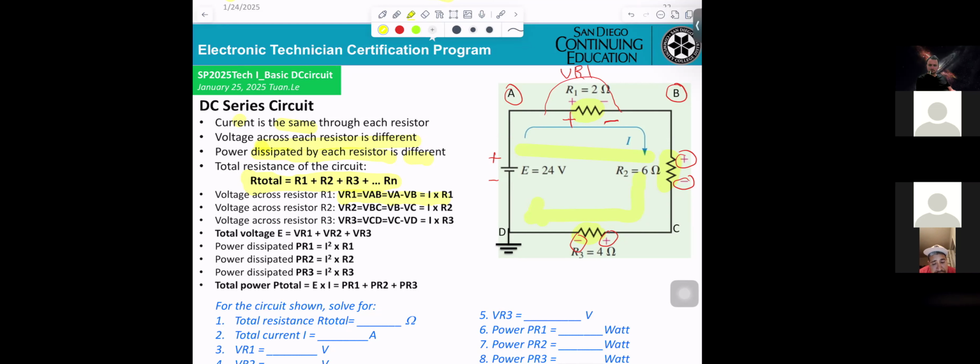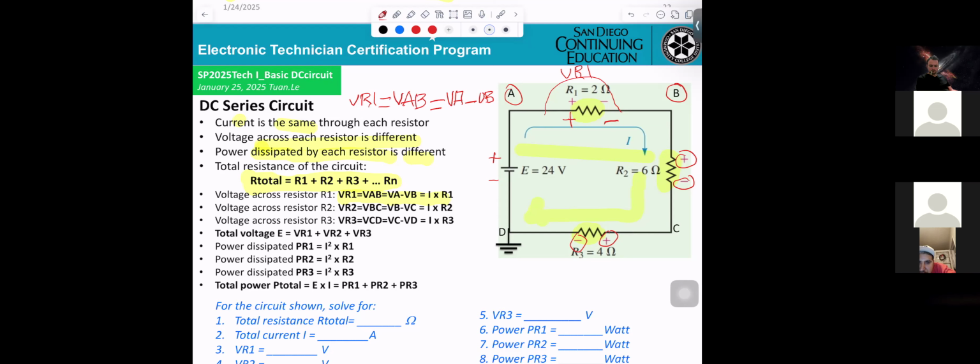Also, you have to understand one thing. VR1, if you're looking at the schematic, means the voltage from A to B. So you say VAB, and VAB also means VA minus VB.